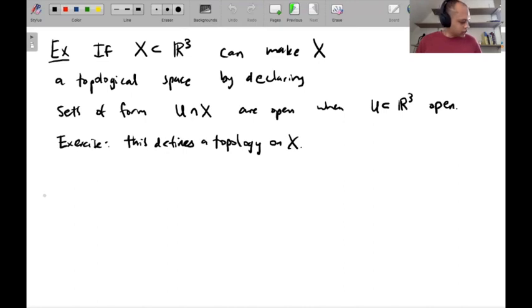So, for example, let me finish just by drawing some pictures of some open subsets. Let's take X to be the cube.